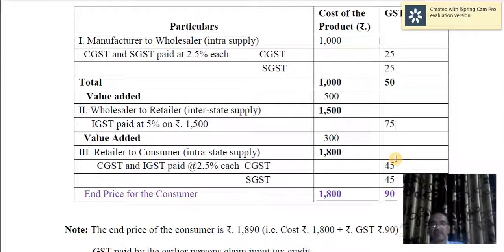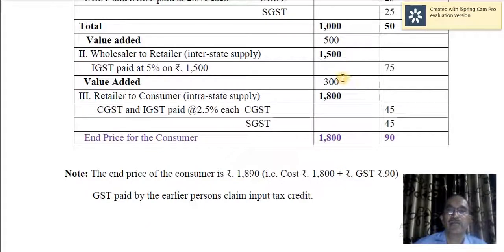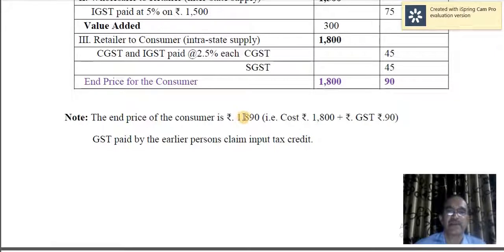Then again here, retailer to consumer, he gets 90 rupees, 45 plus 45, that is output tax, whereas he has paid 75 rupees to the wholesaler, therefore 75 is the input tax. So 90 minus 75, that means 15 rupees is the net tax payable. Anyway, they have the opportunity to avail input tax credit, whereas the ultimate consumer does not enjoy that privilege. So thus the price paid by him ultimately is 1,890, 1,800 plus 90.